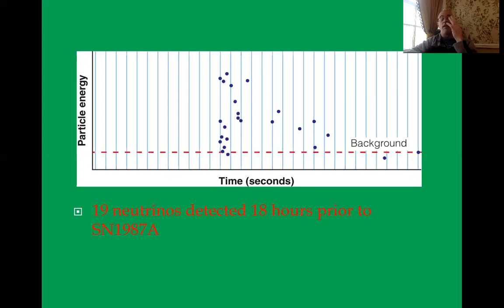And that was a huge increase from the background level, where maybe you'll see like one a day or something. All of a sudden, you saw a bunch of them, okay? And so this caused them to say, wow, this might be a supernova that we're about to see. And then they started looking around, and they were actually able to see this supernova.